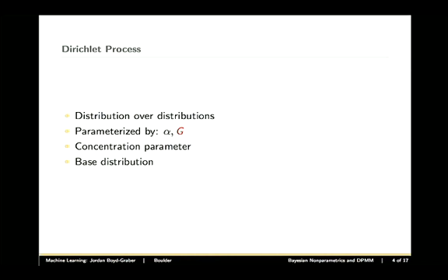And so the way to think about a Dirichlet process is as a black box that you can stick a distribution into, and then another distribution comes out of it. And G is the distribution that you're putting in, and the thing that you're getting out of it is the output of the Dirichlet process, G prime.